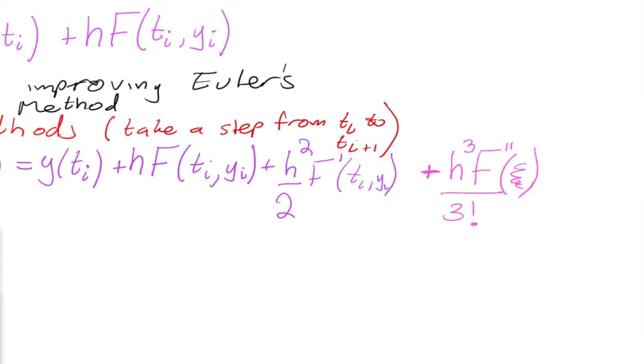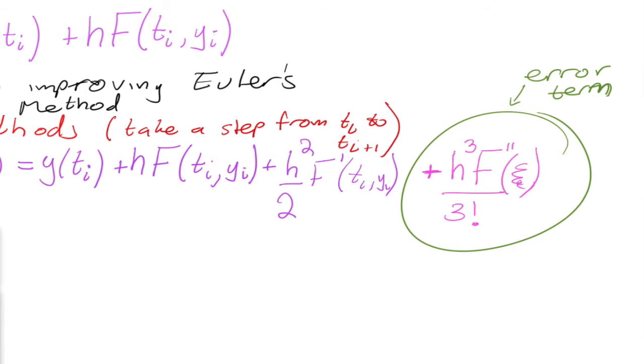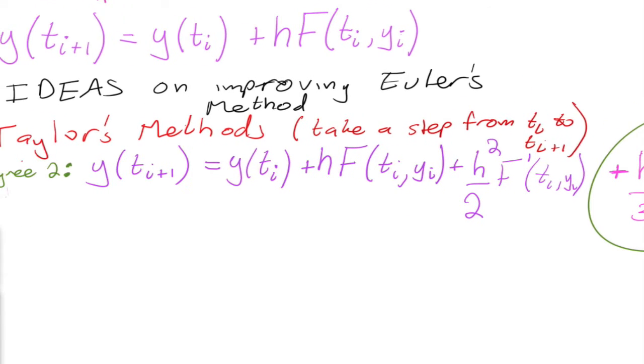But all this stuff right here, this is the error term. This is basically how far off you are. You don't know exactly what that is, but it's some stuff there.